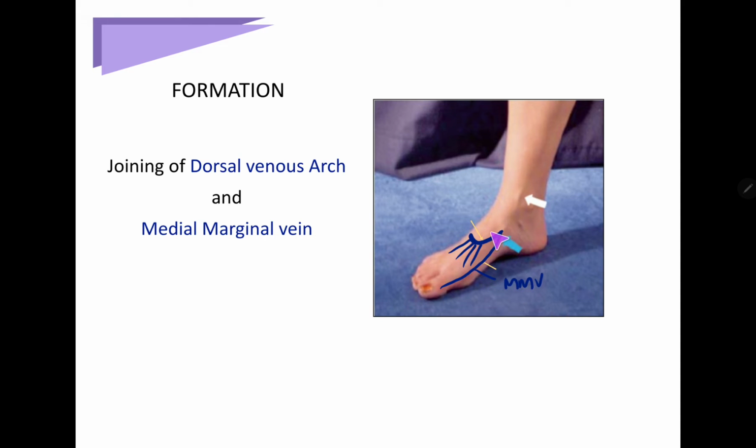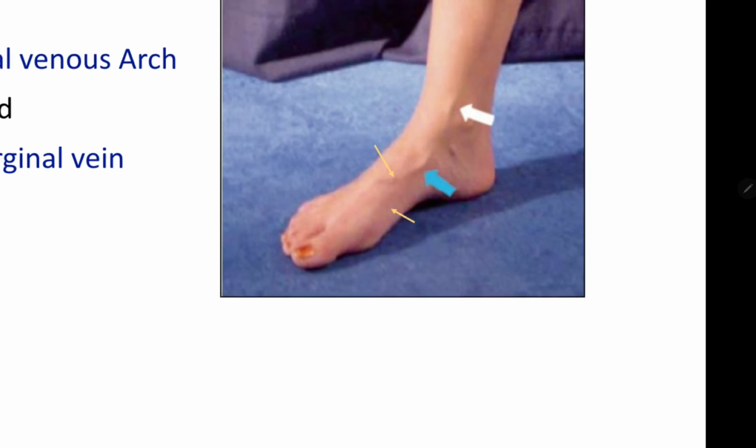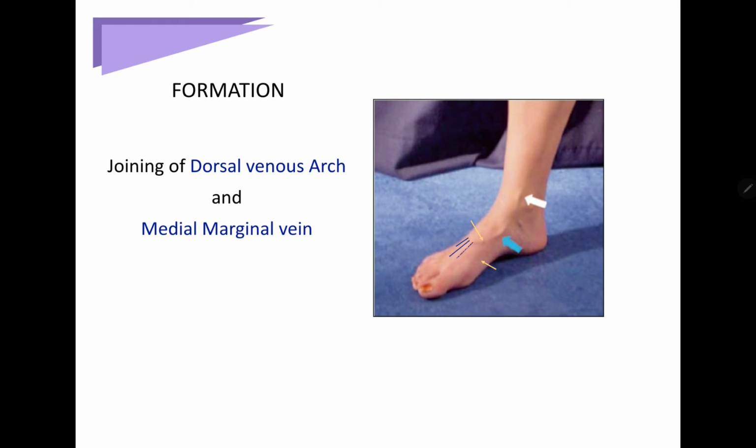So these two combine together to form the Great Saphenous Vein. Okay. So these two together form the Great Saphenous Vein. That's its formation. So that is just a small animated section.